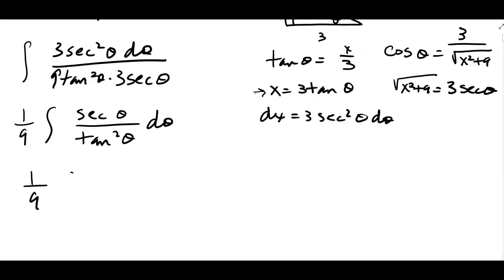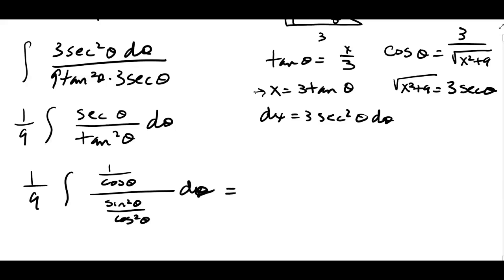If we turn everything into sines and cosines, that ends up being 1 over cosine theta, and tan squared is sine squared theta over cosine squared theta, d theta. Multiply top and bottom by cosine squared, and you're going to get cosine over sine squared. Why are sines and cosines so nice? Because they are derivatives of each other.